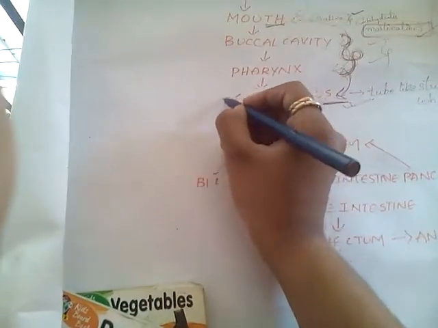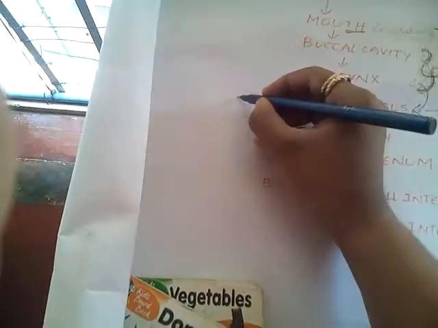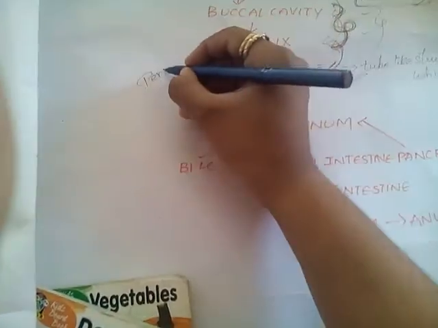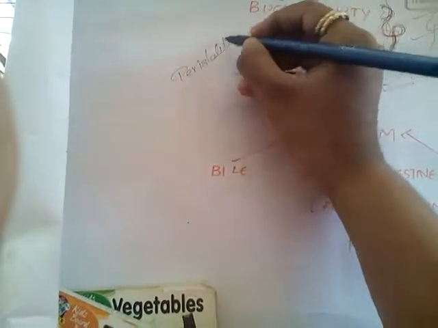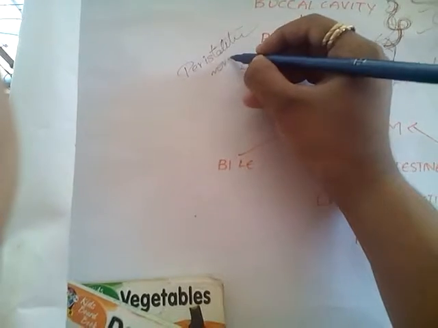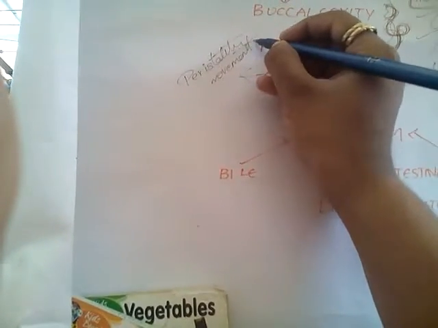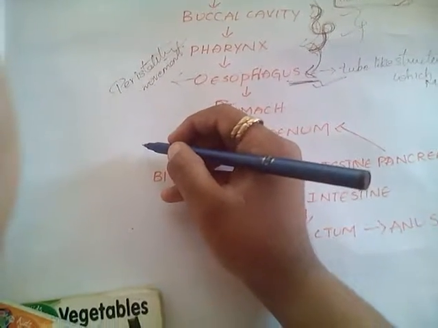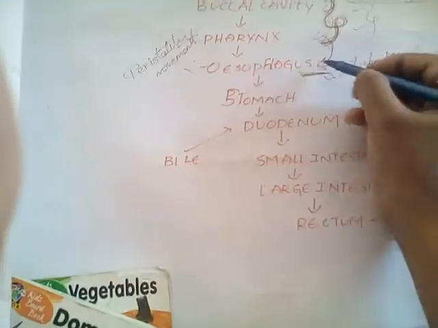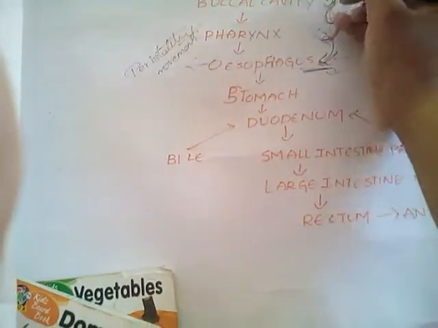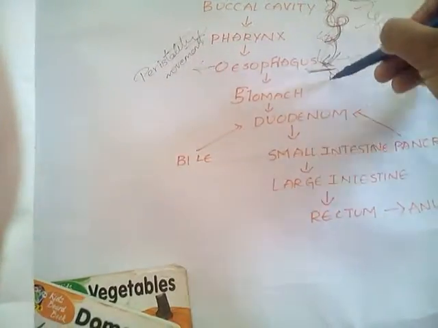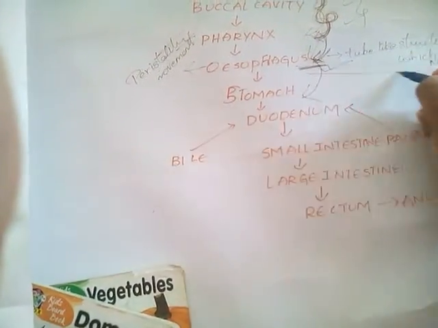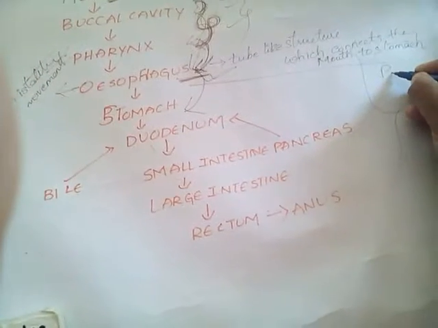And in the esophagus, a movement takes place, that is the peristaltic movement. The peristaltic movement takes place when the food is passed from the mouth to the esophagus and from the esophagus to the stomach.